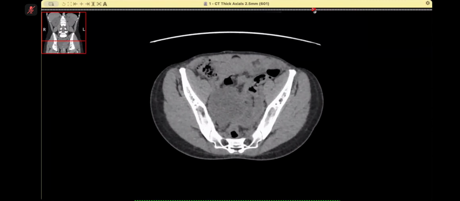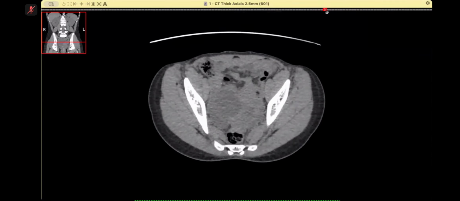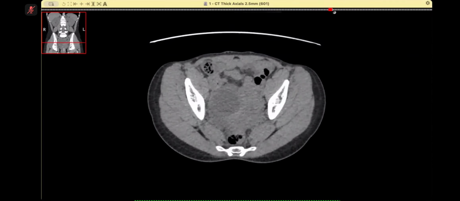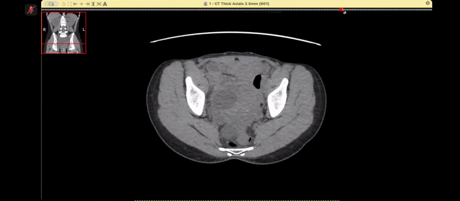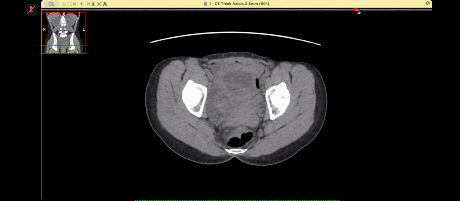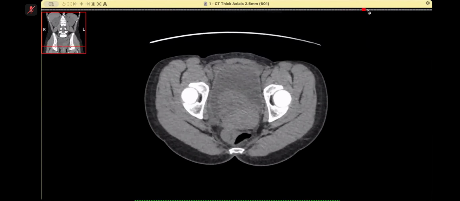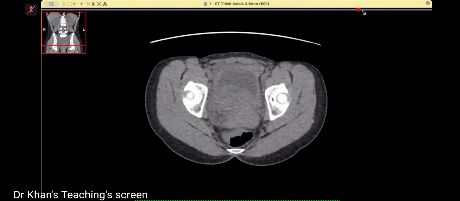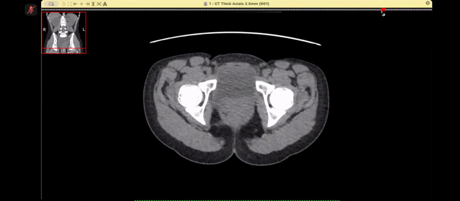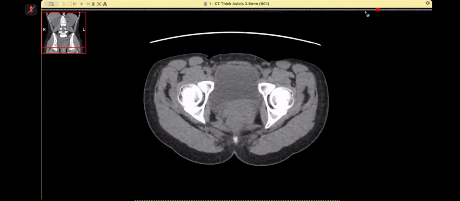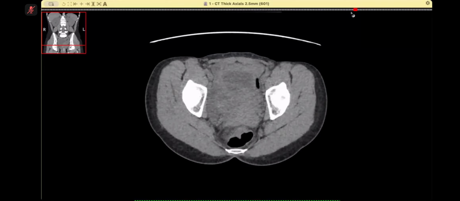and a large cystic area seen in the right hemipelvis, which is slightly hypodense. Mild ascites is also noted, and the uterus also appears enlarged.